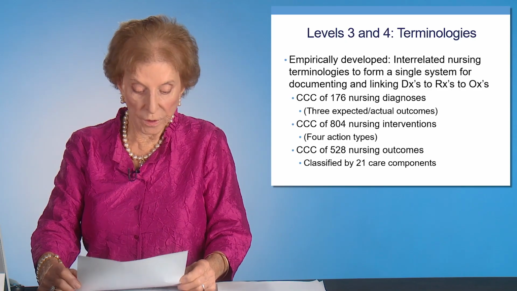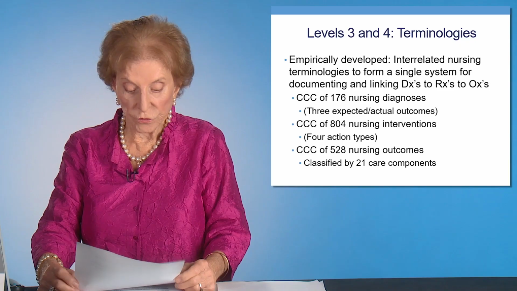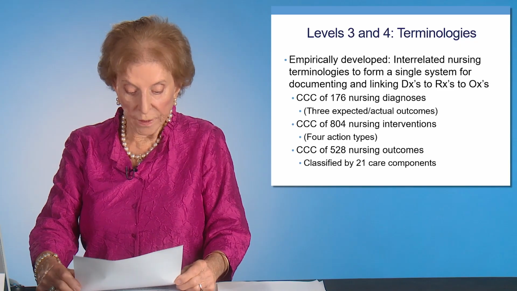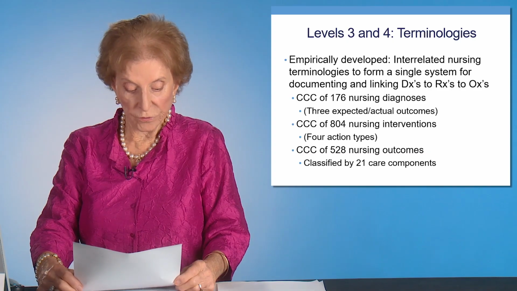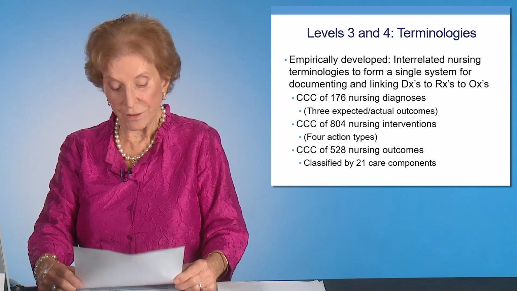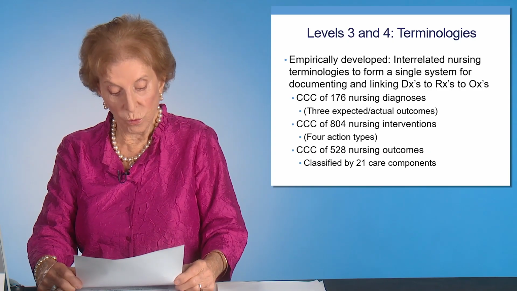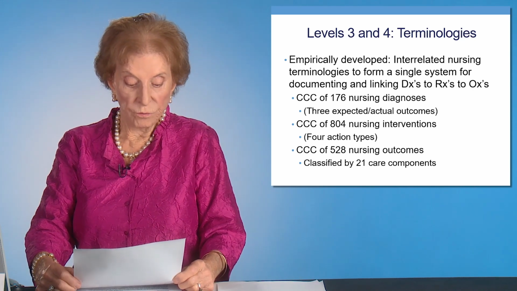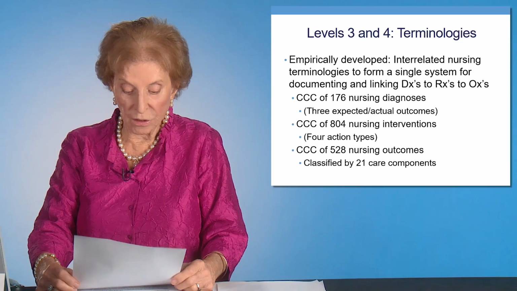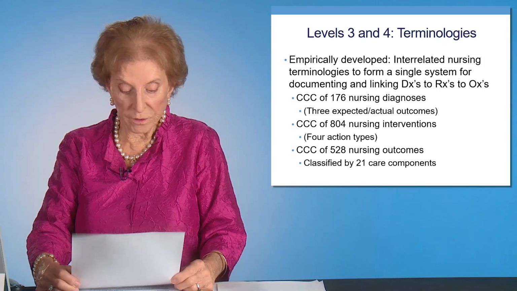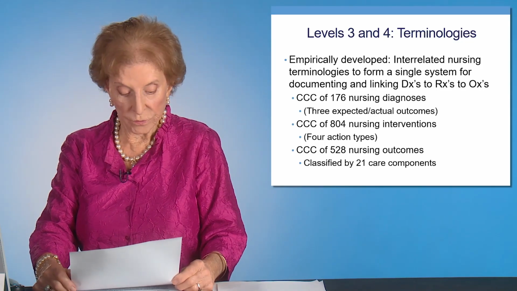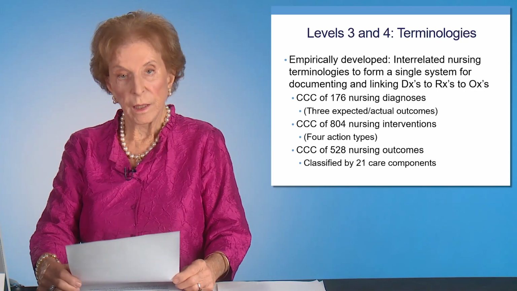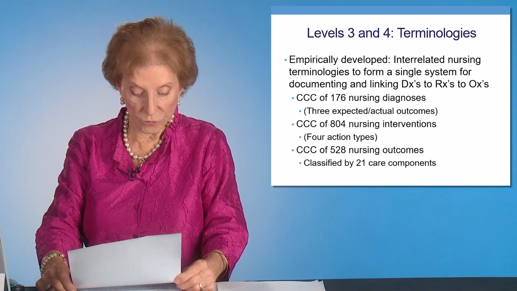The CCC of 804 interventions with 4 action type qualifiers is defined as an intervention as a single nursing action to achieve a single outcome, that is one fact only. And the CCC of 528 nursing outcomes with 3 expected or actual outcome qualifiers are referred to as the care used to resolve the nursing diagnoses.